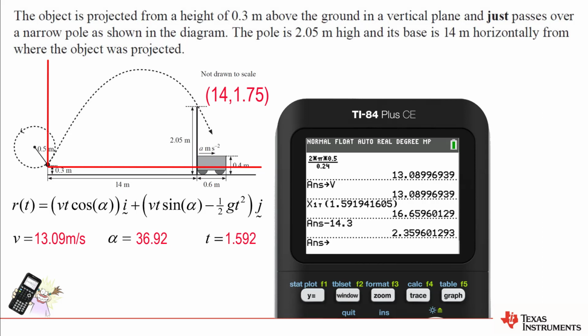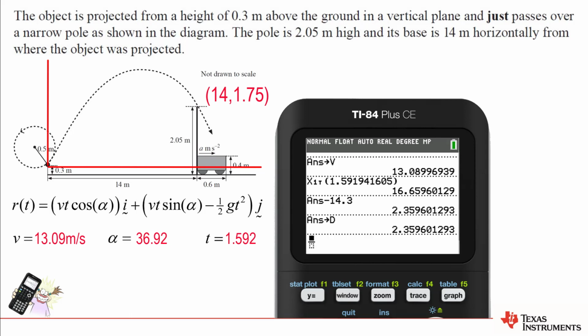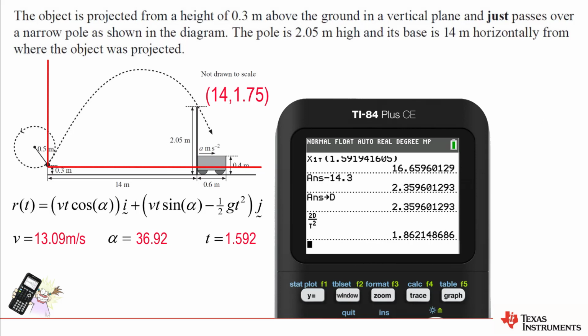The centre of the trolley starts at 14.3 meters from the launch position. So the centre of the trolley therefore needs to travel 2.36 meters in the 1.592 seconds it took for the projectile to get there. As it is starting from rest, this gives us an acceleration of approximately 1.86 meters per second squared. So it got there.